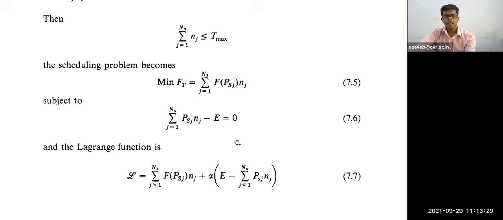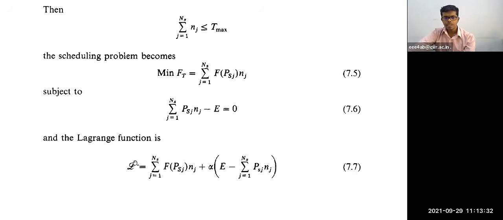So how do we frame the Lagrange's function? Lagrange's function is nothing but your objective function plus some constant into the constraint.